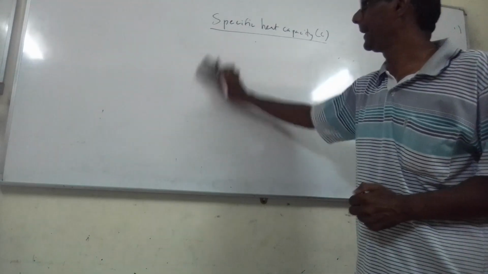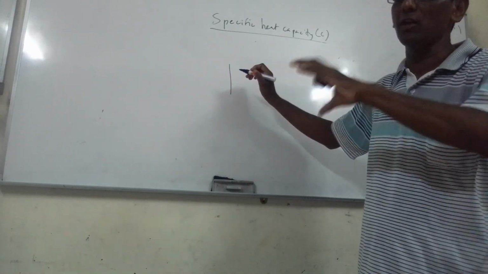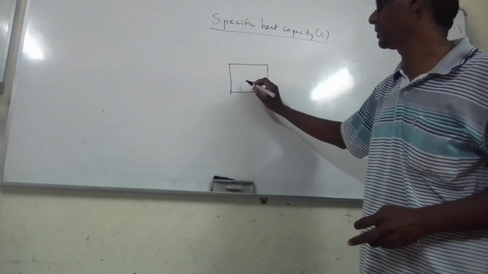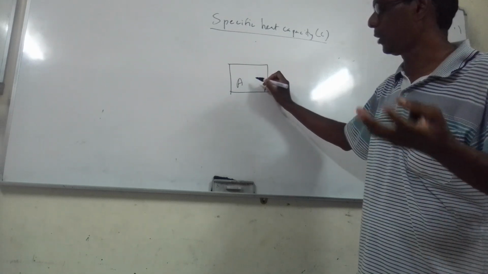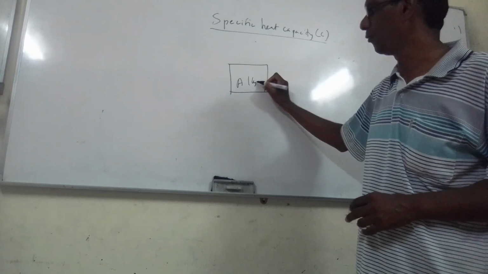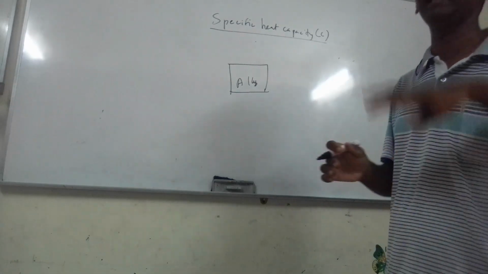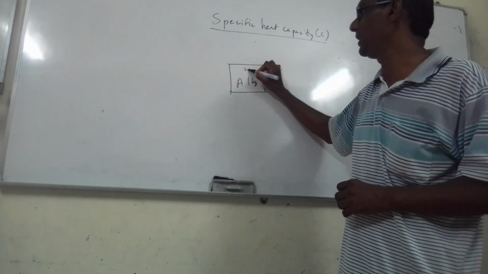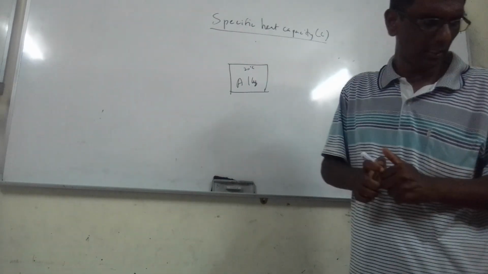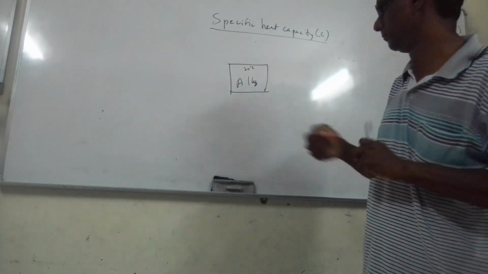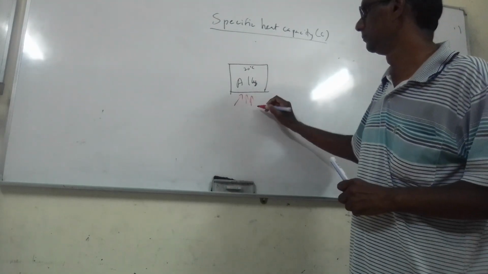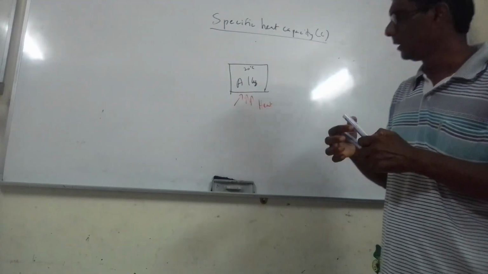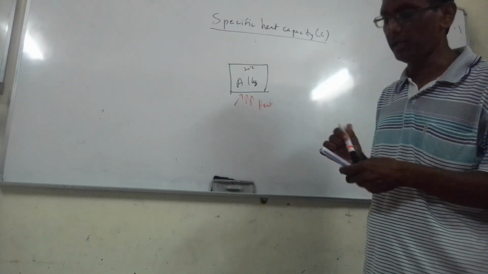For example, what is the meaning of specific heat capacity? Let's say object A has a mass of 1 kg and a temperature of 20 degrees Celsius. You heat it up and measure the heat.